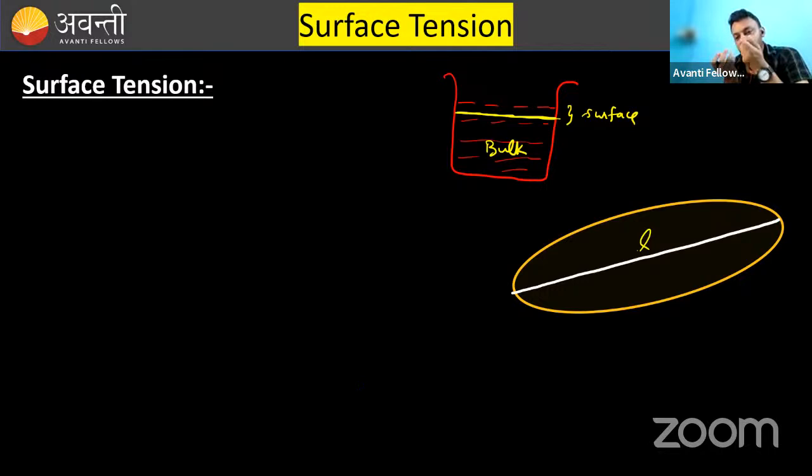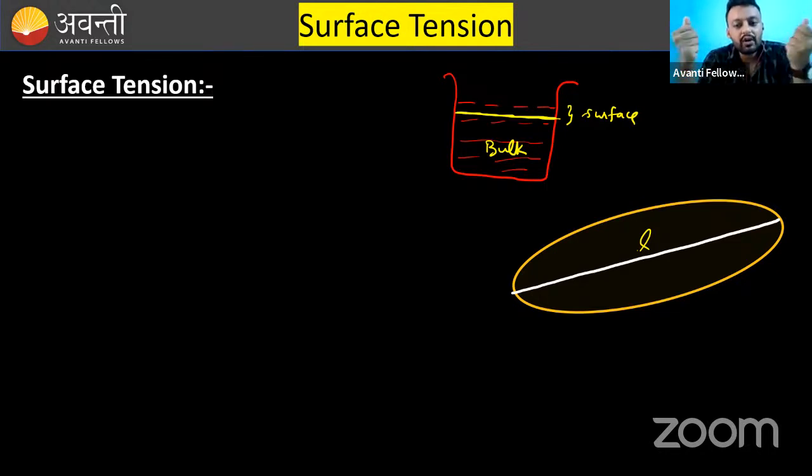The surface tries to minimize its area. Can you imagine it with a cloth of stretchable material? Or take a rubber kind of material, a balloon kind of material, and if you stretch it, it has a tendency to shrink.